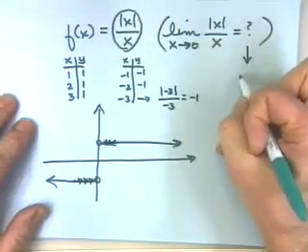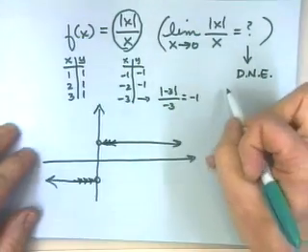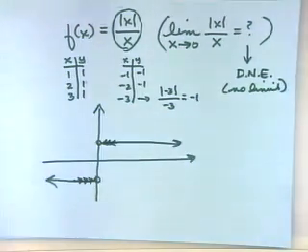Positive 1. Where are we on the other piece? Negative 1. So what's the answer? No limit. Does not exist, because we're not approaching the same value on this picture from both sides of 0.